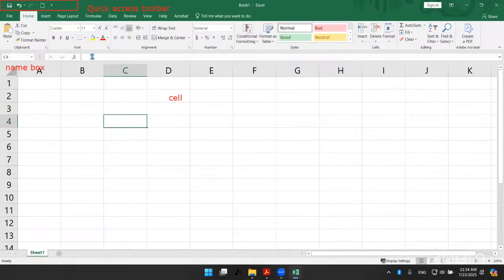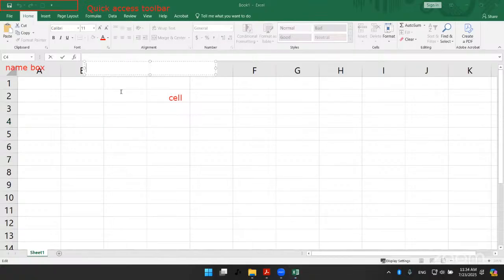And then here we have the formula bar. What is the formula bar? Actually, the formula bar shows you the formula, the things we have included in the cell.